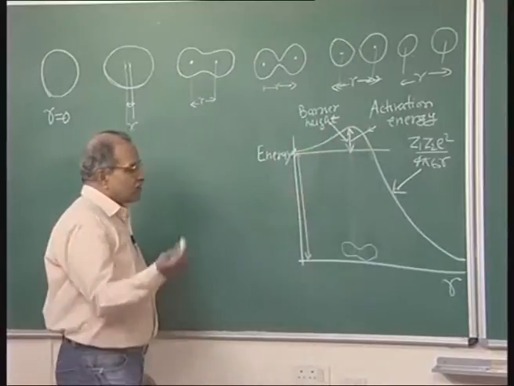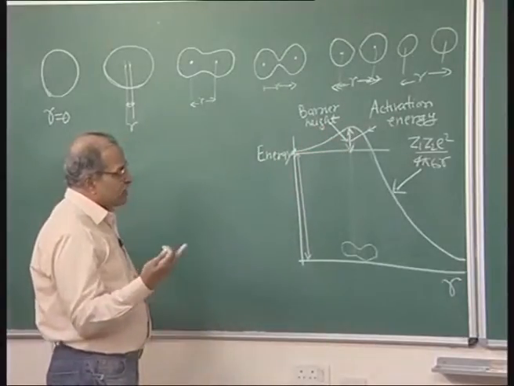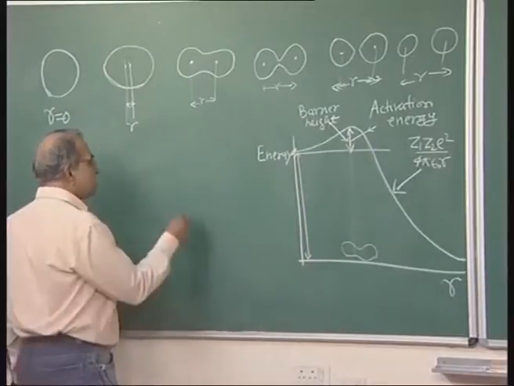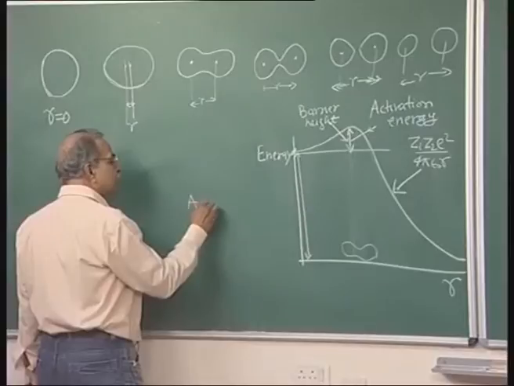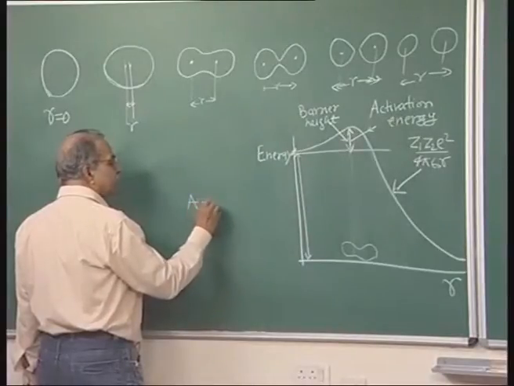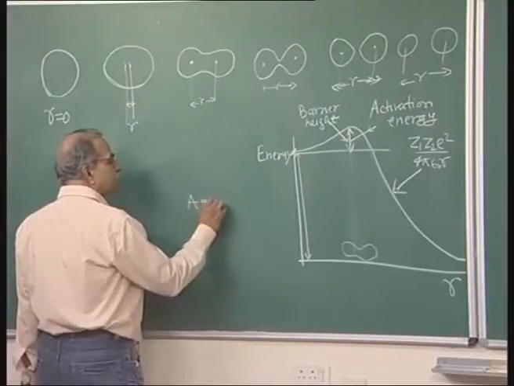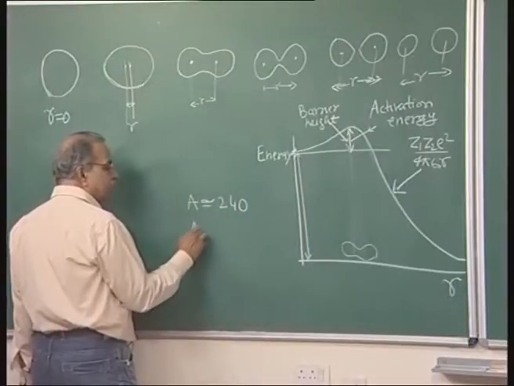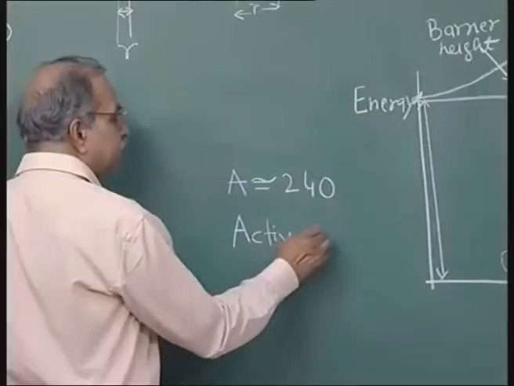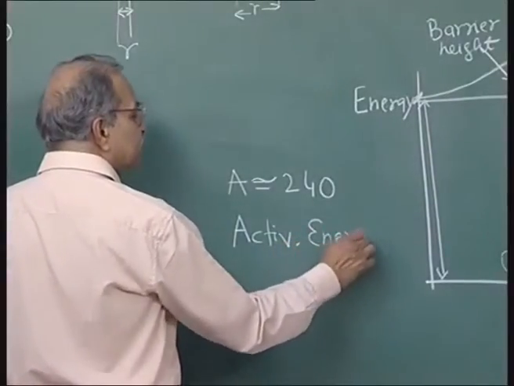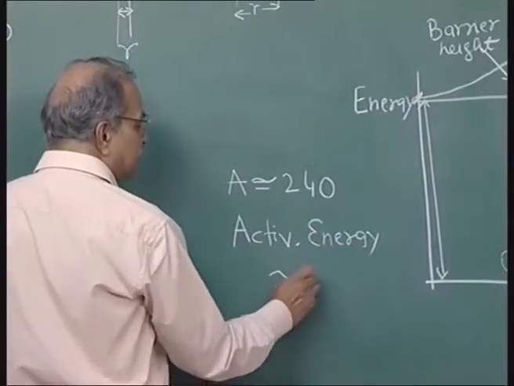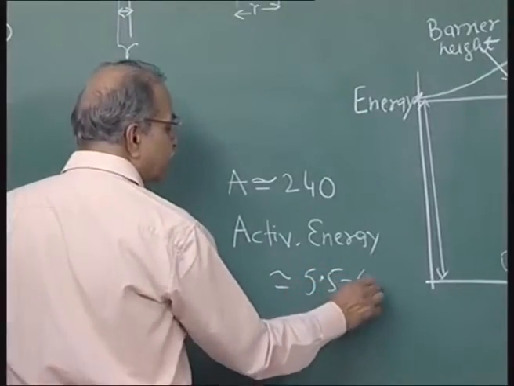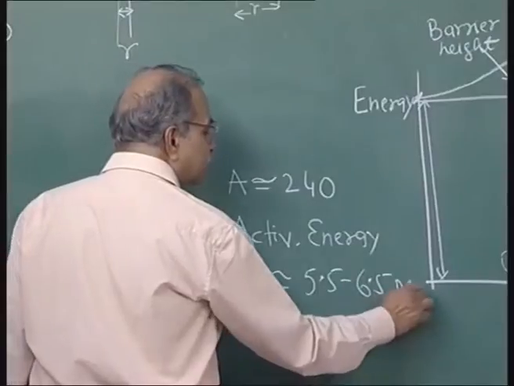So, for different A values, this barrier height is different, and for A equal to 240 or in that range, of course, it will be a sensitive function of A. So, somewhere around say 240 region, this activation energy or barrier height is something like say 5.5 MeV to 6 or 6.5 MeV, something of this type.